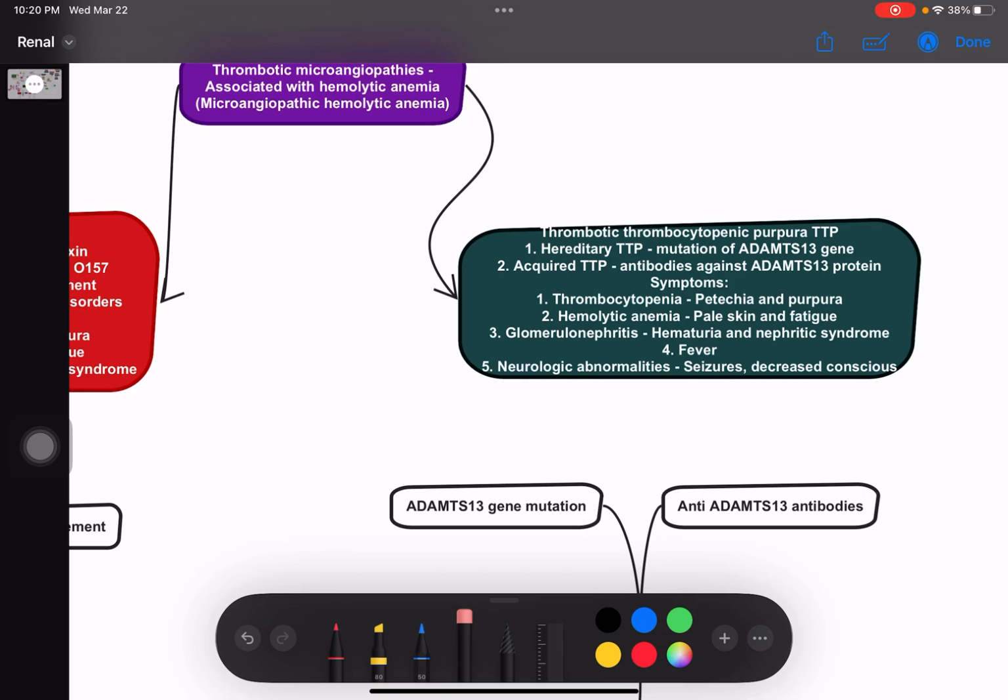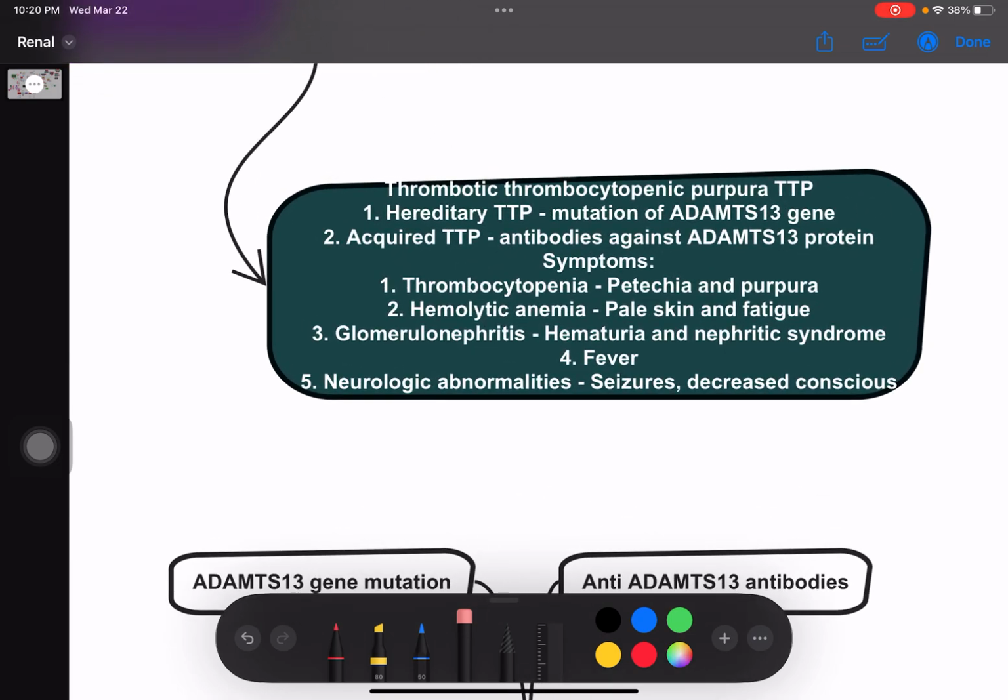It's a gene that codes for the protein that cleaves von Willebrand factor to its functional proteins, right? There's two types, acquired and hereditary. Acquired is antibodies against the ADAMTS 13 protein, which is going to destroy it.